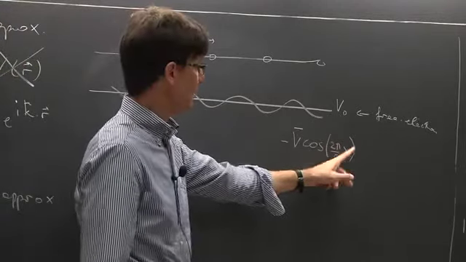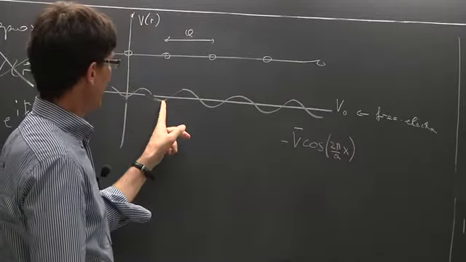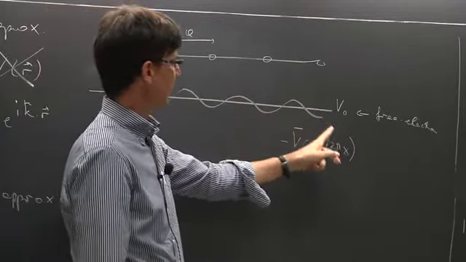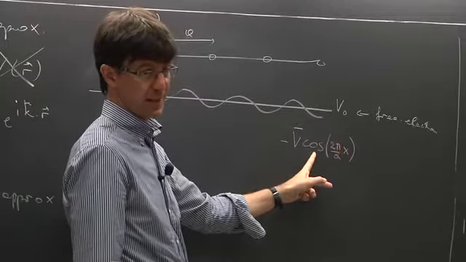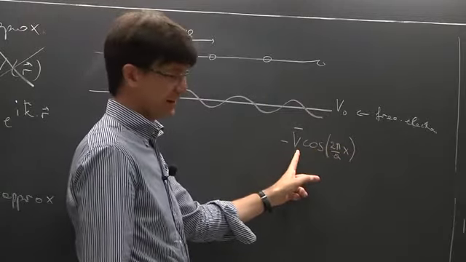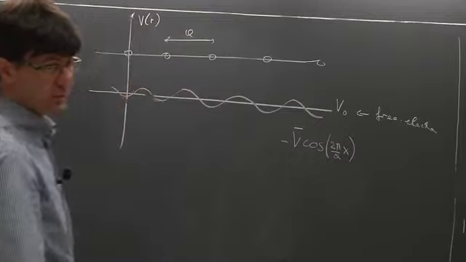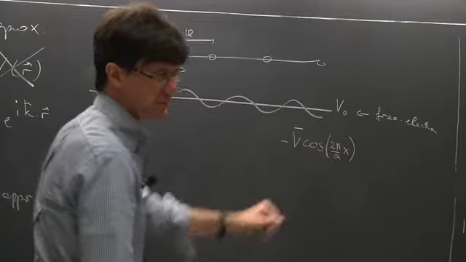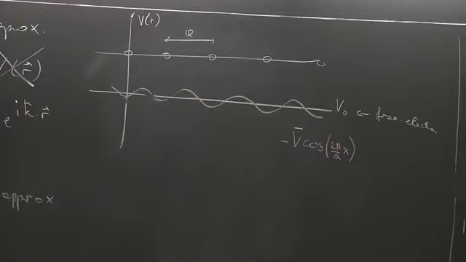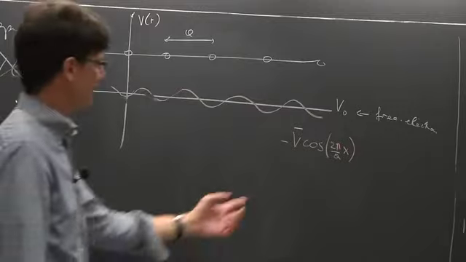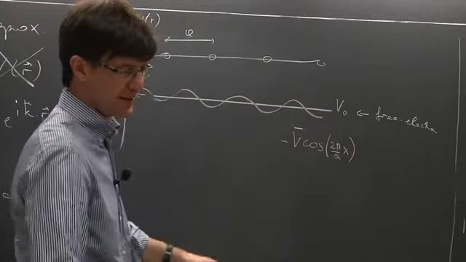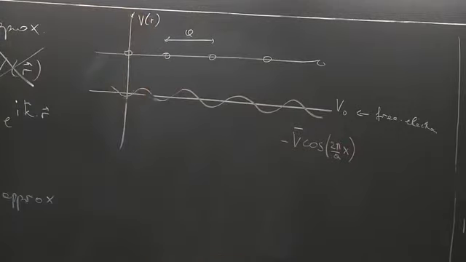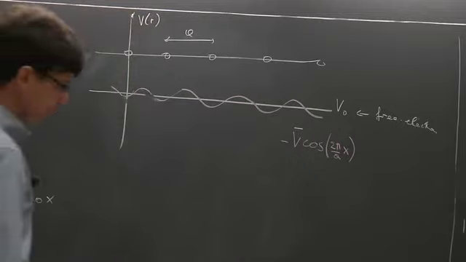So for x equals to 0, A, 2A, 3A, 4A, the cosine becomes 1, and I want to make it negative at those positions, okay? So I put a minus in front. Well, assuming, of course, that V bar is positive. It would not be physically correct to say that this is a plus, right? Because otherwise I'm repelling the electrons from where the nuclei are. So from a physical point of view, this must be a minus.